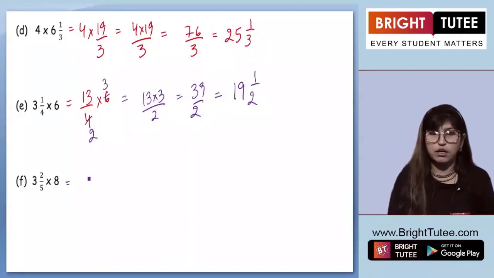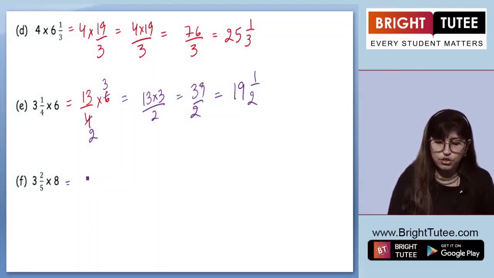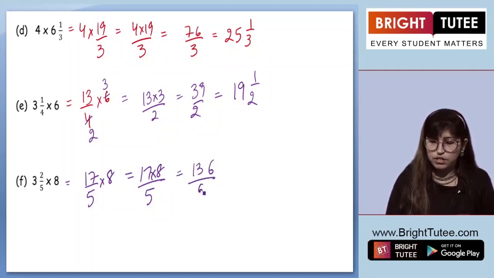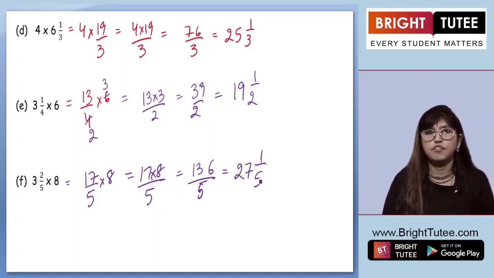We'll be converting the mixed fraction to an improper fraction. So 5 3s are 15, 17 by 5 times 8. So 17 times 8 by 5, 136 by 5. Dividing it, we'll be getting 27 1/5.